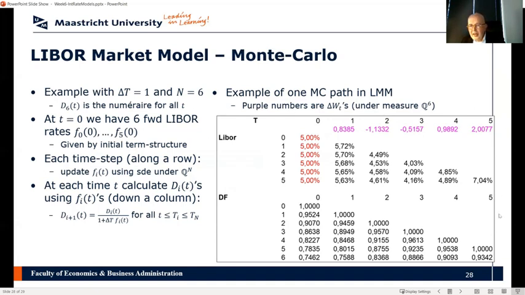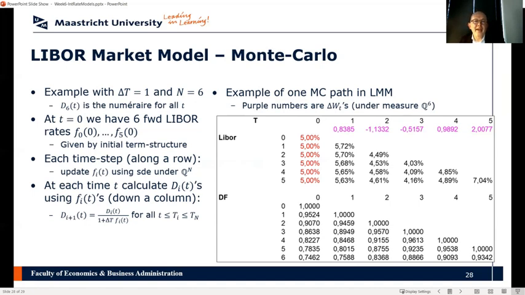So the picture here shows an example of one single Monte Carlo path in the LIBOR market model. And in this simplified example, I'm taking 1 year time step. So I'm using 1 year LIBOR rates. And I am taking time point 6 as my final time point.